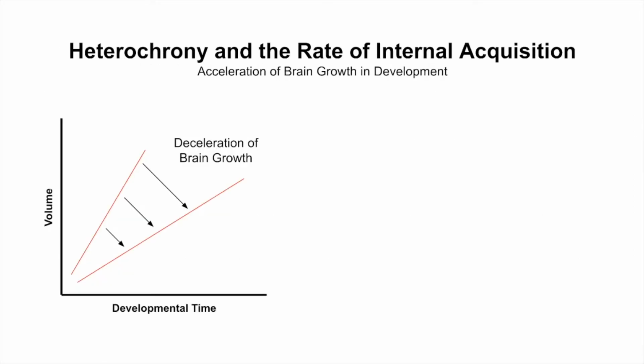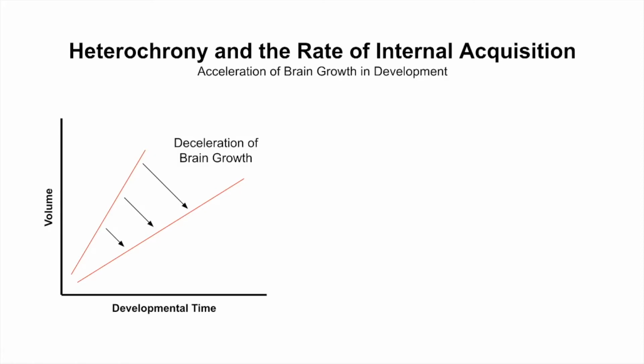One way we can look at this in terms of our agents is something called heterochrony, which is a way to look at the rate of internal acquisition and the rate of brain growth. Brain growth occurs over developmental time as a function of growth and a function of acquisition. You can see that you can have this linear function that describes the growth of a brain area over time, and that it can be decelerated with a single parameter.